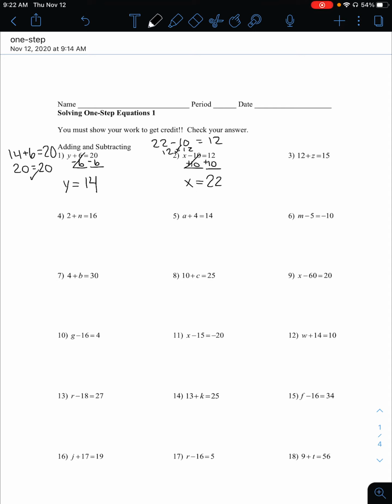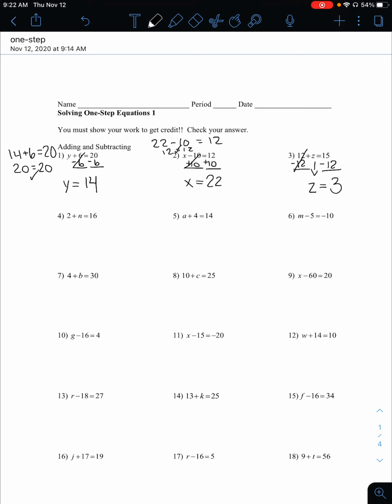To get rid of the 12 on the left side of the equal sign and get z by itself, we need to subtract 12, because 12 is positive, right? There's no negative sign in front of 12. So we subtract 12, and that gets 12 to be 0. What we do to one side of the equal sign, we have to do to the other. Subtract 12, we get z. Don't forget to bring down your z equals 15 minus 12 is 3.